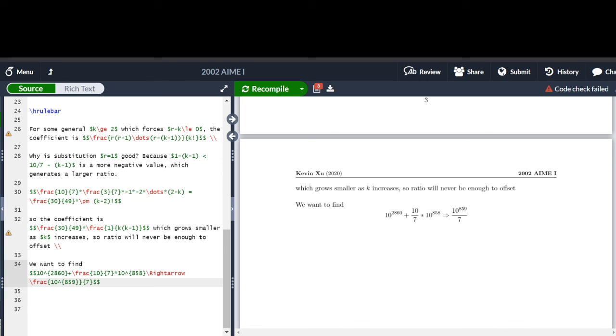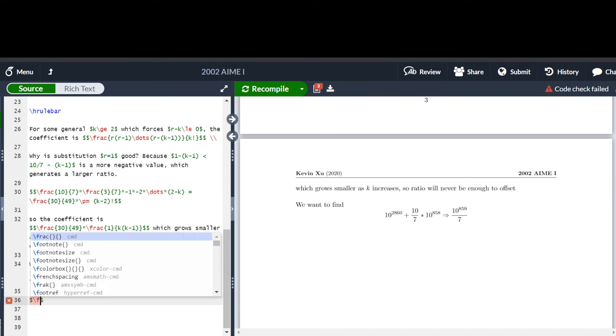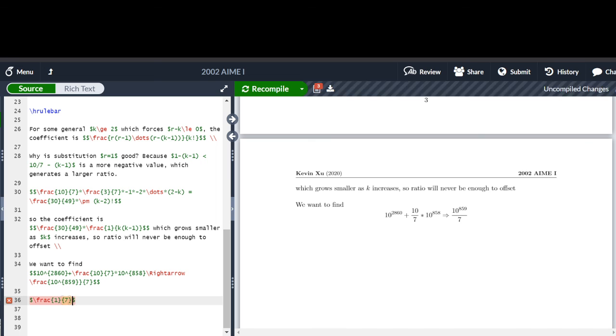So what is this? Well, we know that 1 over 7 is equal to, in decimal form, 0.142857, repeating. You should have this memorized. And this repeats every 6.